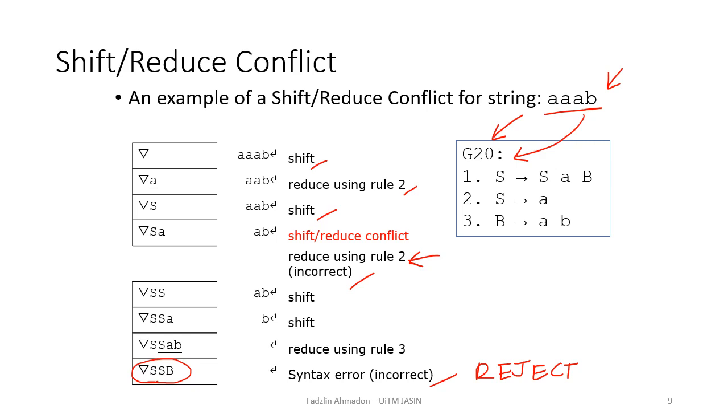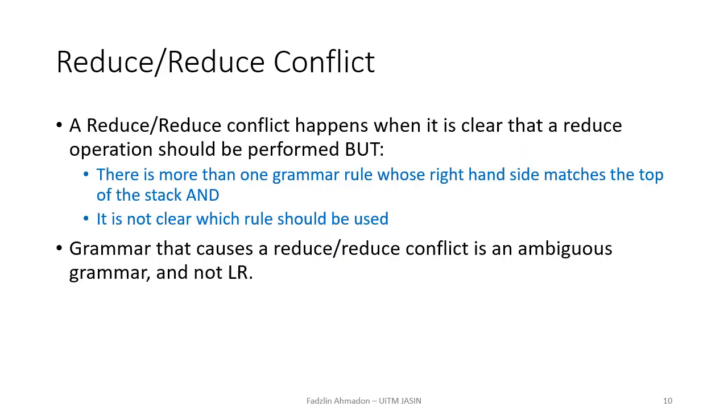But since our parser is not capable of determining whether to do a shift operation or a reduce operation, we say that this is a shift reduce conflict. Another type of conflict that can happen in shift reduce parsing is called a reduce conflict. This is the second type of conflict.